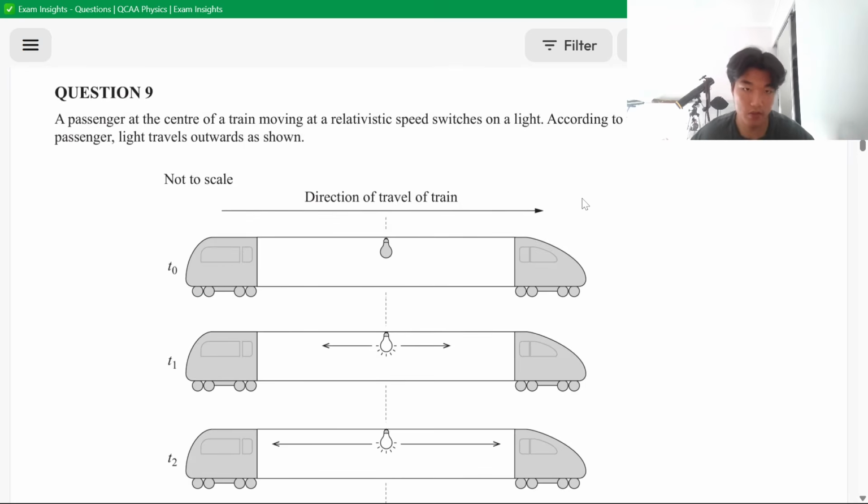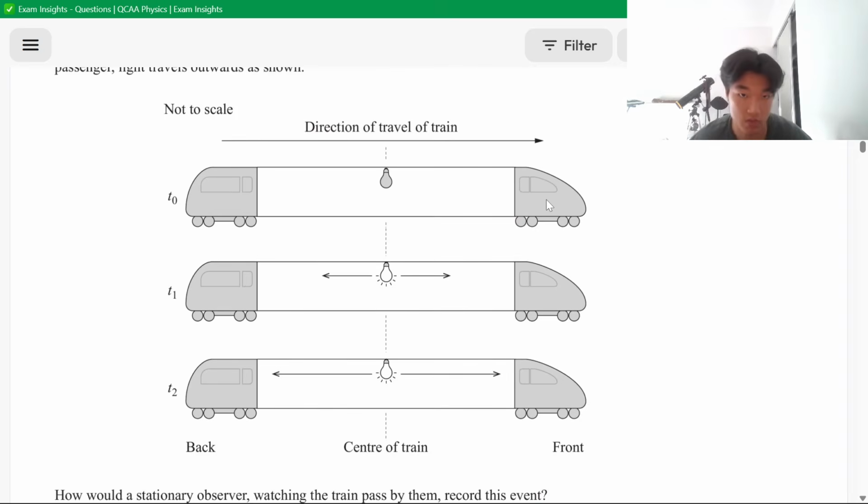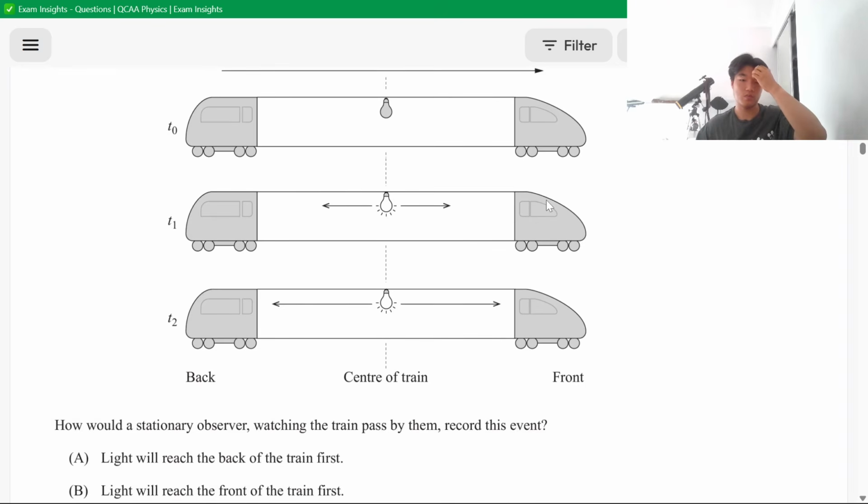Passenger at the center of a train moving at relativistic speed switches on a light. According to the passenger, light travels outwards as shown. How would a stationary observer watching the train pass by them record this event?